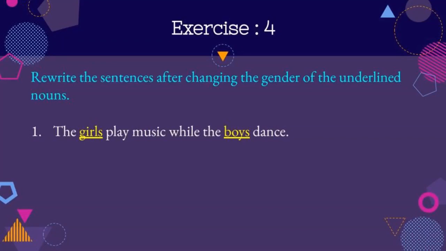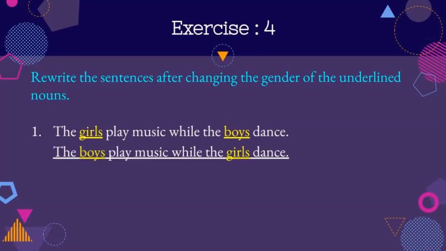This is the given sentence. Now the rewrite sentence is, the boys play music while the girls dance. What is the answer for the first one? The boys play music while the girls dance. Okay students, write neatly in your grammar book. The first answer is, the boys play music while the girls dance.